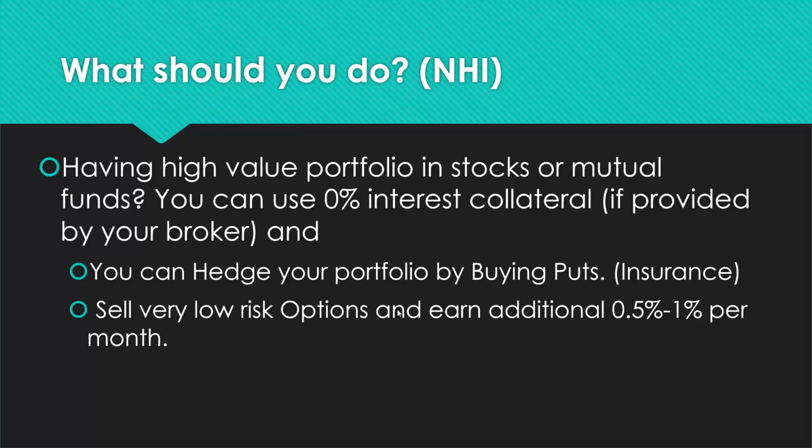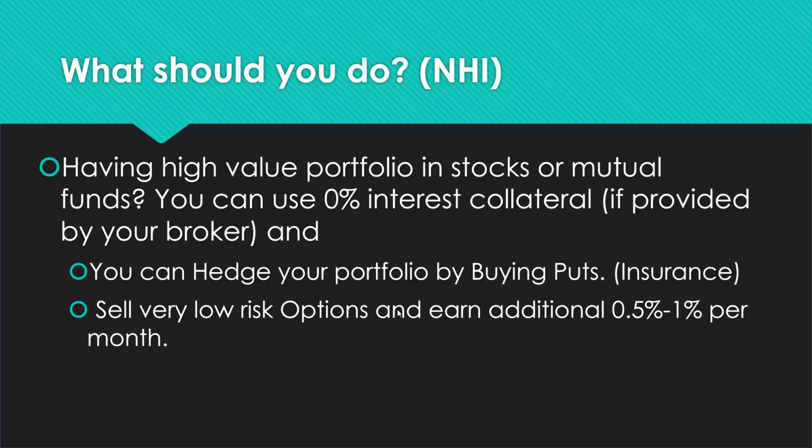So what should you do? Whether you should buy or sell options. If you're having a high portfolio in stocks or mutual funds, you can get your collateral at 0%. Most of the brokers provide 0% interest collateral against your stocks or mutual funds.